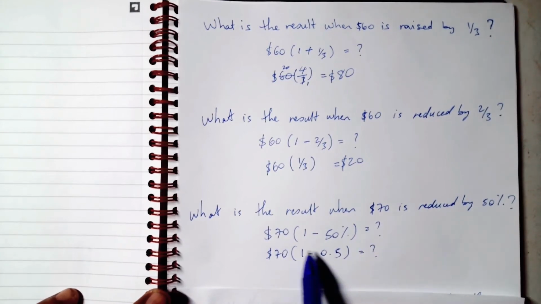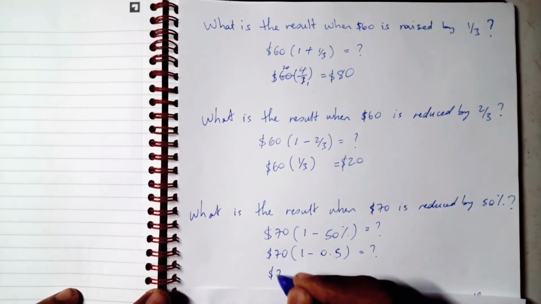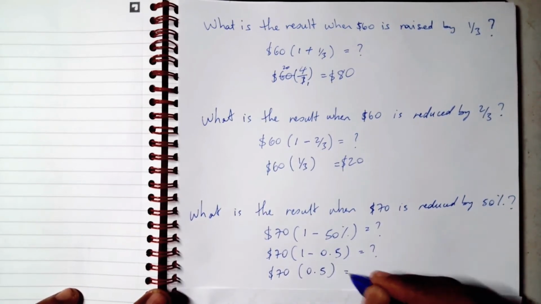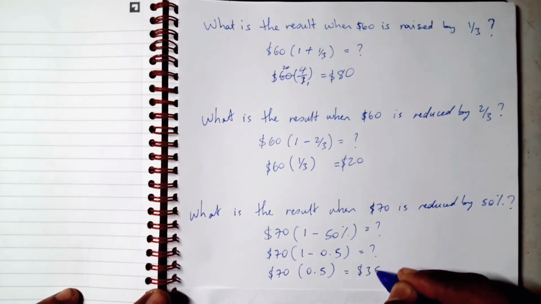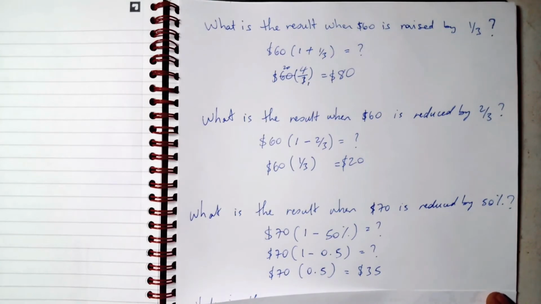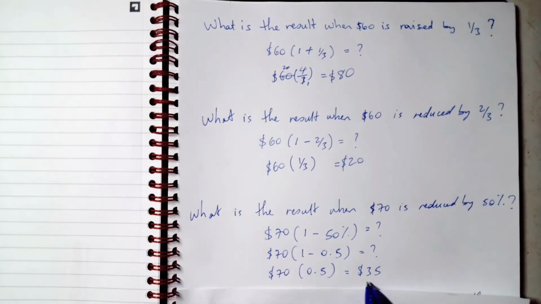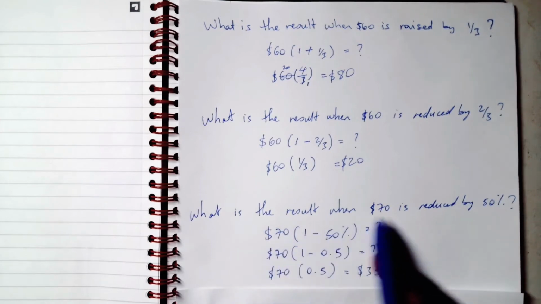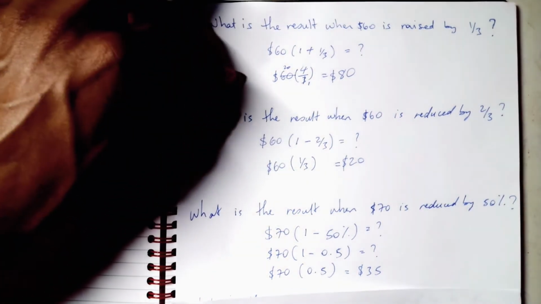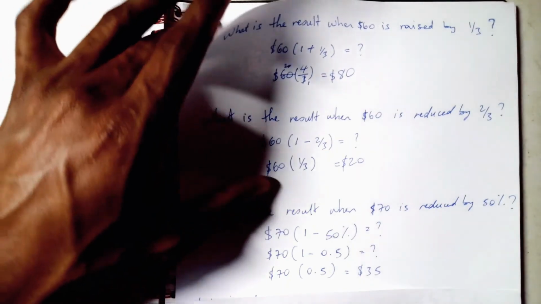Do this subtraction here, we get 70 multiplied by 0.5. And this right here is $35. So when we reduce 70 by 50%, the result is $35. Right? Very straightforward and understandable.